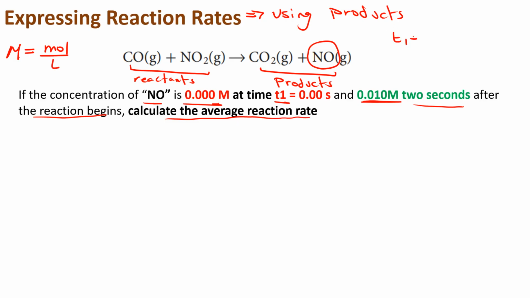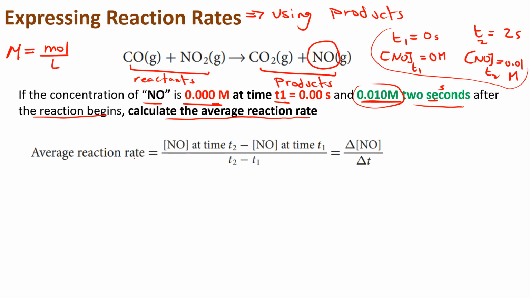So you have time 1 equals 0. You have the concentration of NO at time 1 equals 0 molar, 0 second. And then time 2 equals 2 seconds, of course the unit is seconds. Well, concentration of NO at time 2 equals 0.01 molar. So this is what they told me.